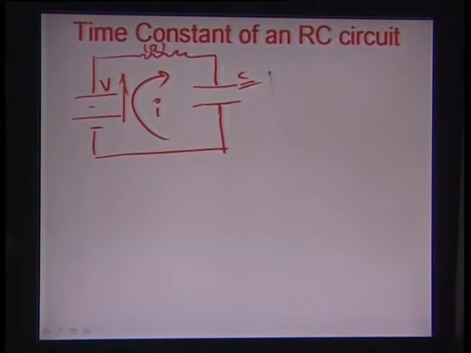So V essentially is equal to, by Kirchhoff's law, IR plus the voltage across the capacitance, which is Q, the charge, and let's write small q here in the interest of clarity, divided by the capacitance C. That's what the voltage drop is across the capacitor, and there is a drop across the resistor, and together these drops are the same as the voltage which is provided, in the interest of conservation of energy.